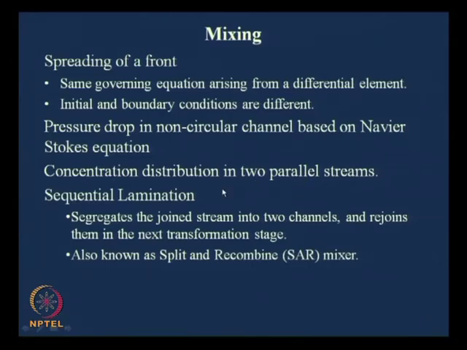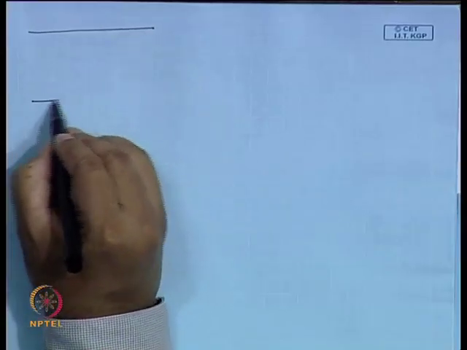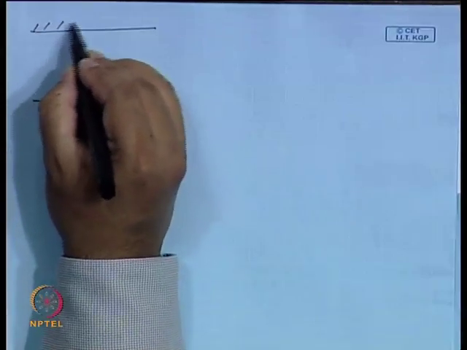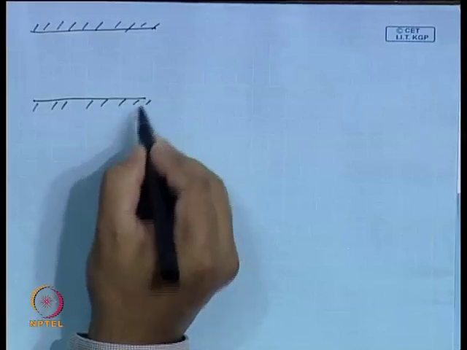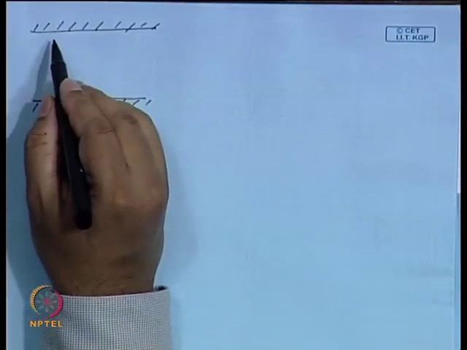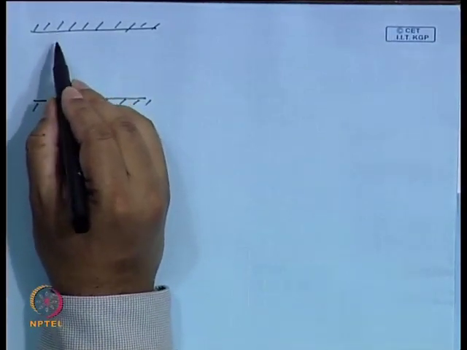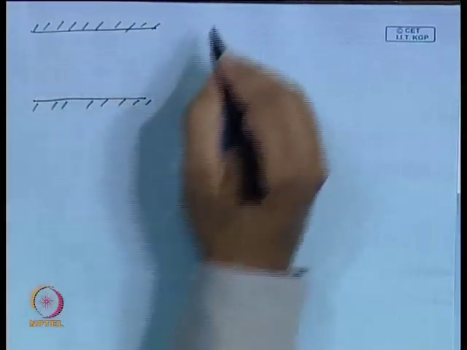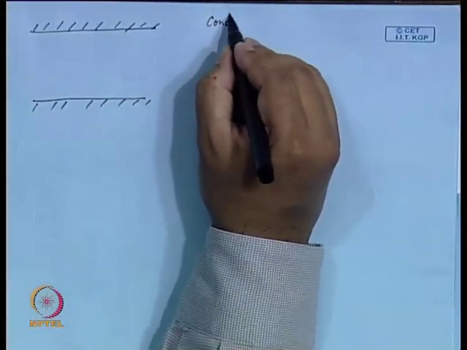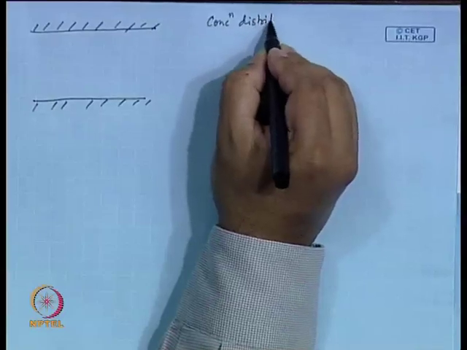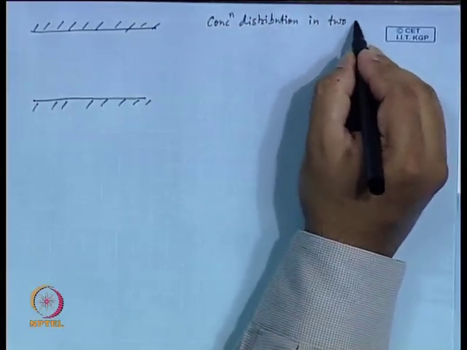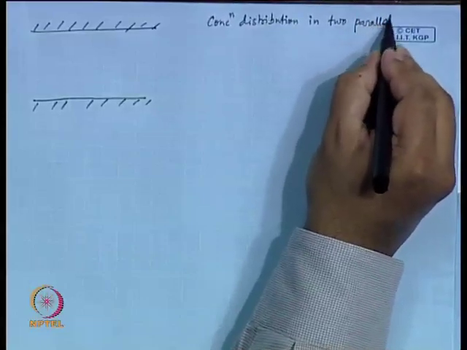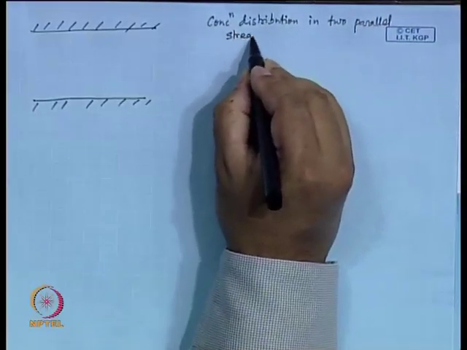That means, if you have two streams flowing parallelly, the topic here is concentration distribution in two parallel streams.